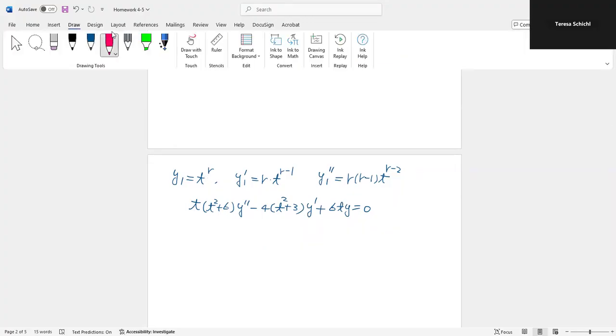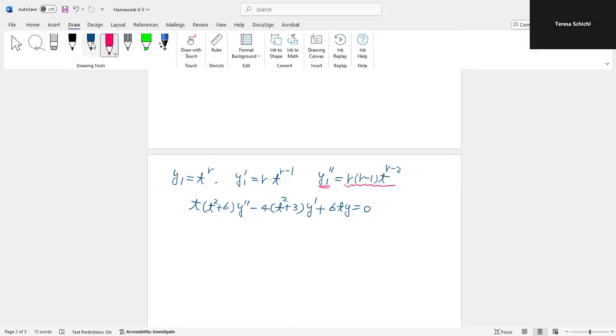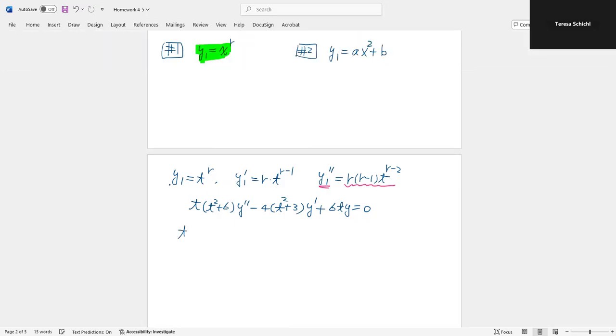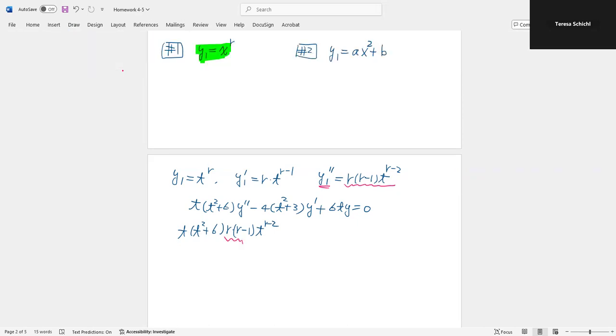Maybe I will color code that. For y double prime, which is r times (r minus 1) times t to the r minus 2, I substitute here: (t squared + 6) times r times (r minus 1) times t to the r minus 2. This is how I substitute my y double prime.